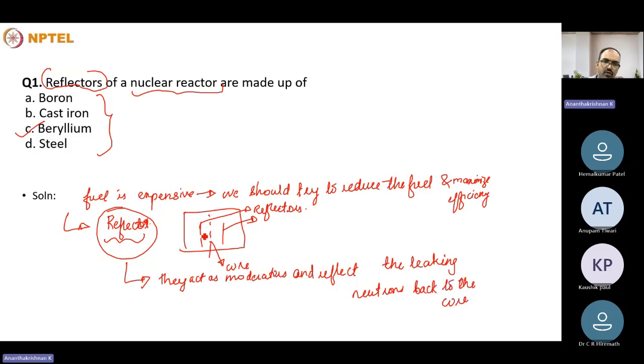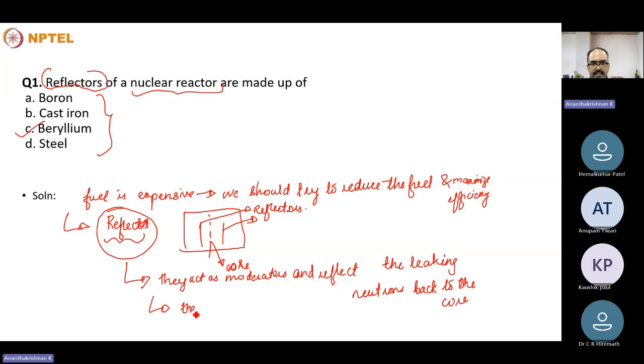So the neutrons produced in the nuclear reaction will be reflected back by these reflectors to the core. In a way, they act as a shield that prevents leakage. Thereby we can make sure that the fuel requirement will be less to produce the same energy.